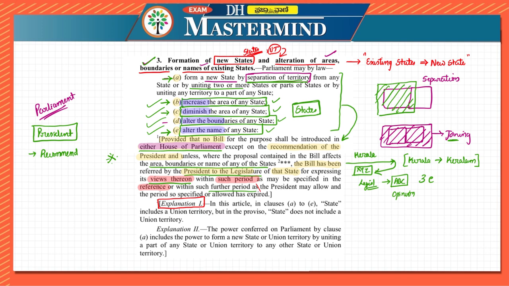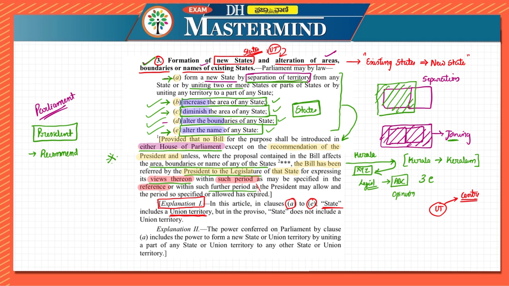So in this explanation only, they have said that in Article 3, clauses A to E, state includes union territories also. But in the provision, it does not include union territory. Why is that? Because union territory is already under the center itself. It is under the administration of the center itself.